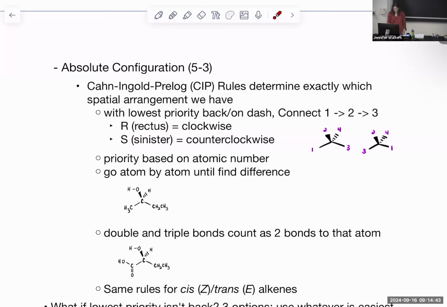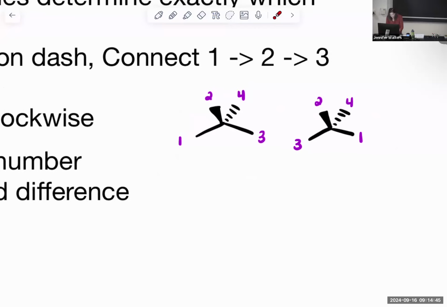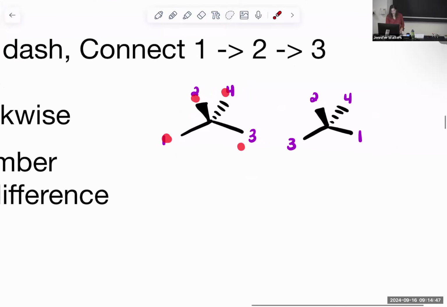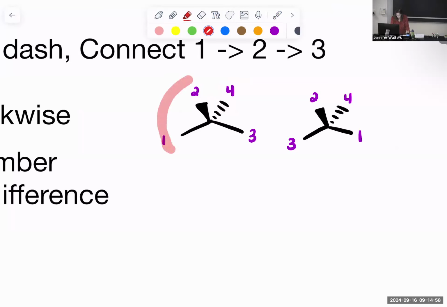Being clockwise. What that looks like is, if I'm assuming these are the priority assignments, I have 4 on the dash, so the lowest priority is on the dash. When I connect 1 to 2 to 3, skipping over 4, that is clockwise.